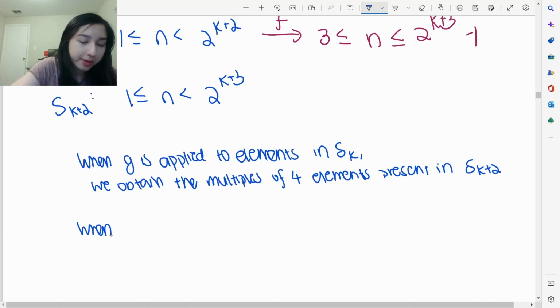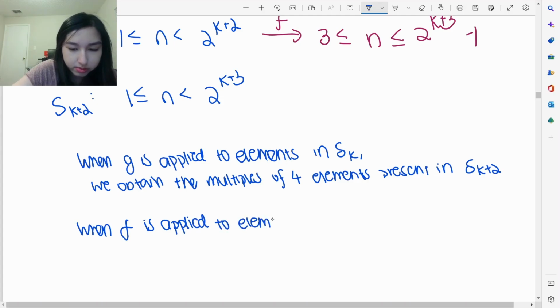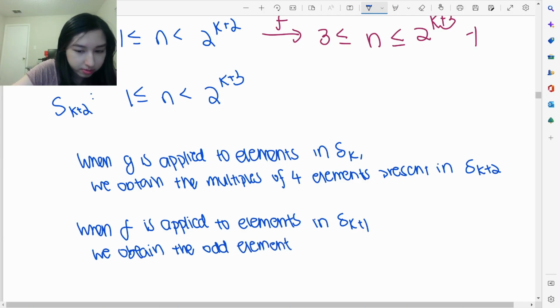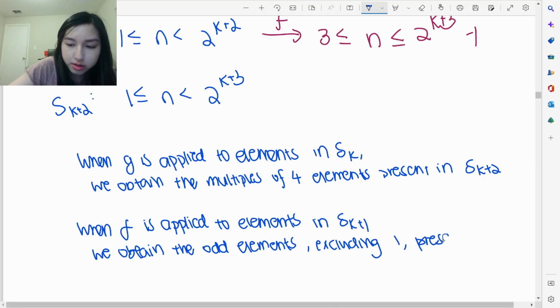So when, not G, when F is applied to elements in SK plus 1, we obtain the odd elements excluding 1 present in SK plus 2.